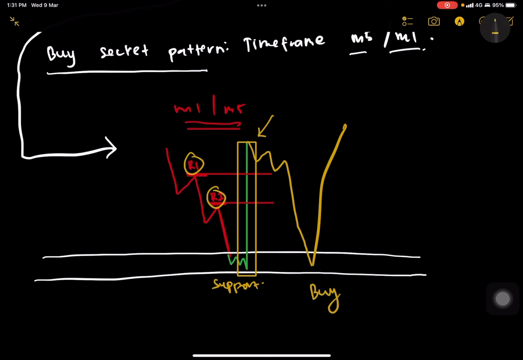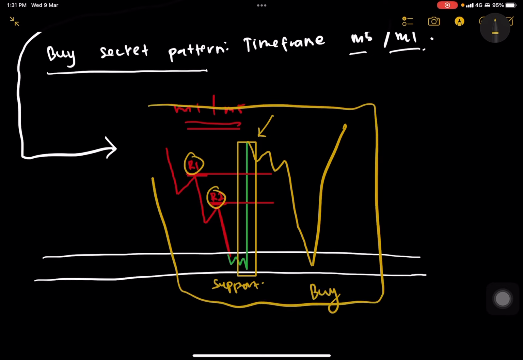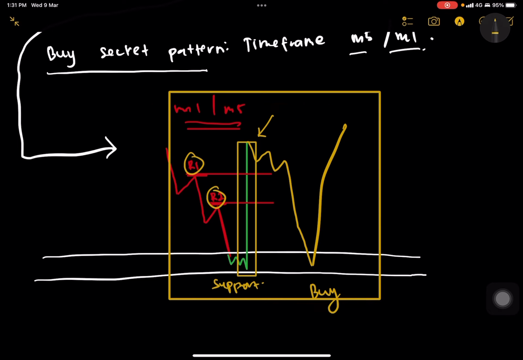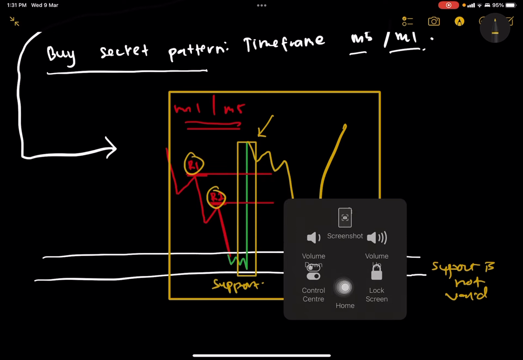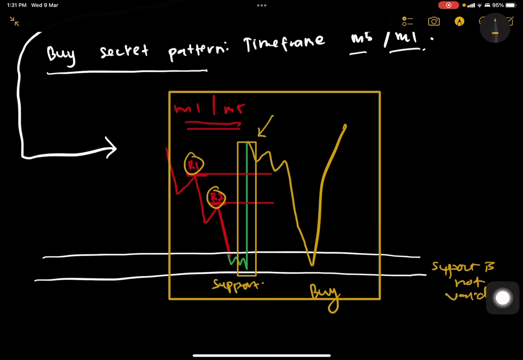If you didn't see this pattern, do not buy, meaning this support is not valid. But if you find this pattern, this support will be valid.